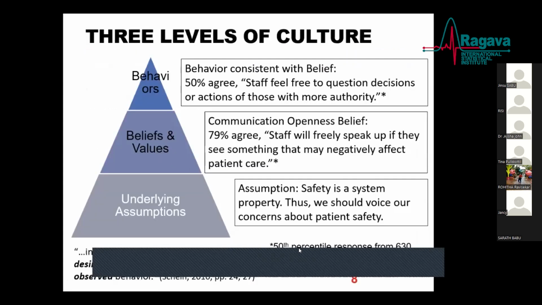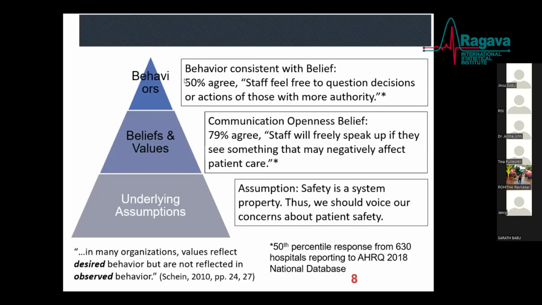So for an example, if you see in this slide, the first one is behavior, which we can see. Behavior consistent with belief: 50% agree that staff feel free to question decisions or actions of those with more authority.